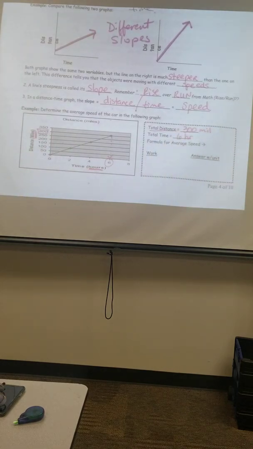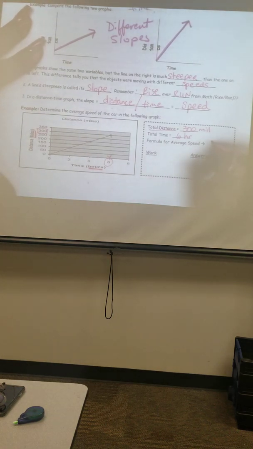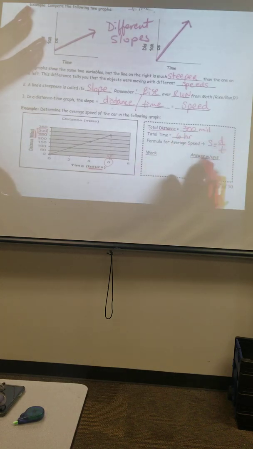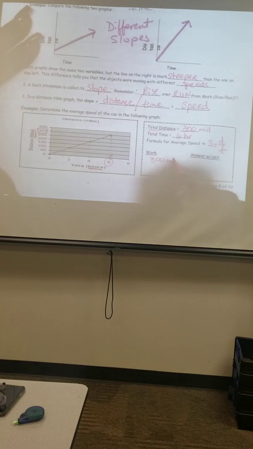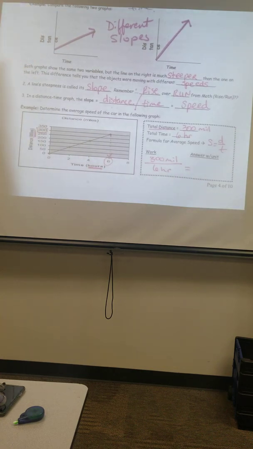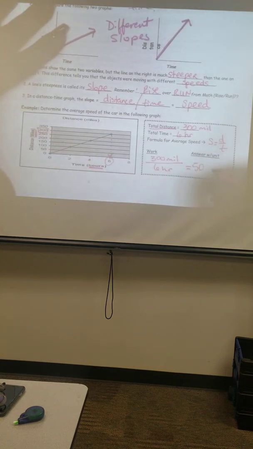Find the average speed. First, speed is d over t, and I'm looking for speed so I don't have to rearrange it. It's going to come out to 300 miles over 6 hours. My units cannot cancel each other out. 300 divided by 6 is 50 miles per hour.